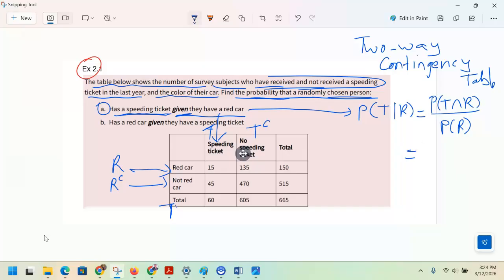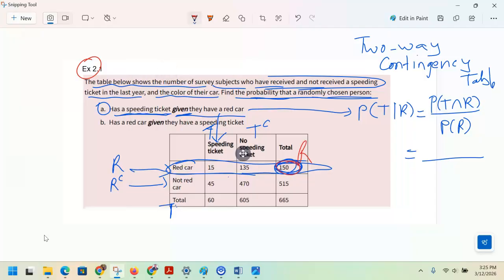Now we'll put the denominator first. What is the probability that when you select a person, he has a red car? So how many red cars are there? These are the total red cars.